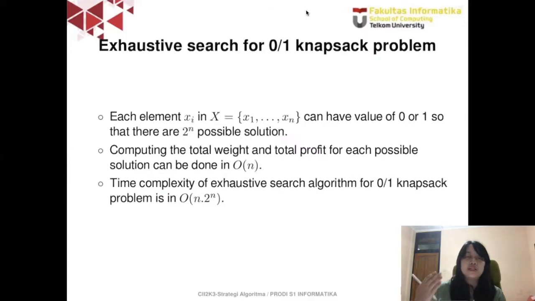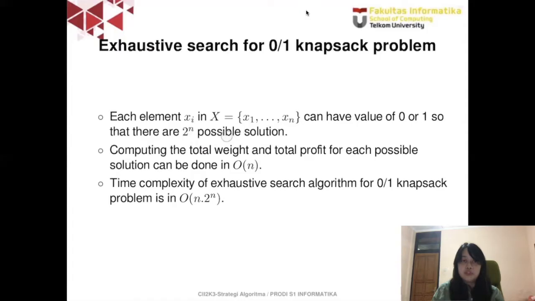If we use exhaustive search for the 0-1 knapsack problem, you can see the video we have before about this. Each element xi in the tuple can have a value of 0 or 1. So each xi can have either 0 or 1. There are two possibilities for each xi. And we have n x's, so there are 2 to the n possible solutions.